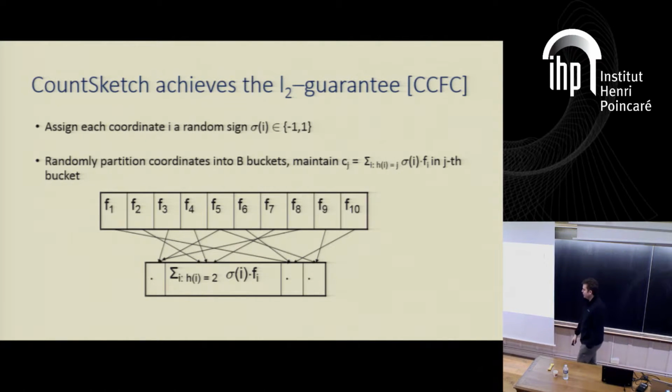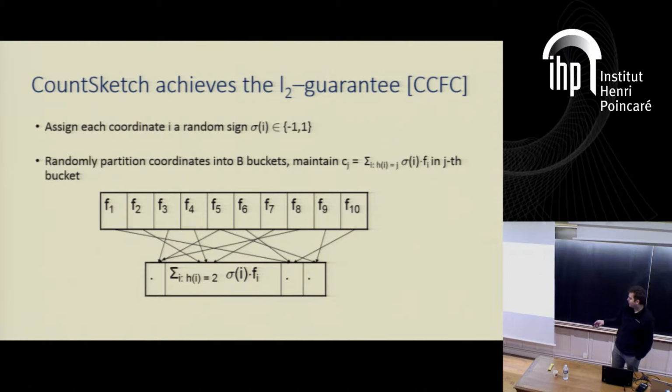Pictorially, you have this vector of items. These are their frequencies, and they hash to buckets. For instance, the second item hashes to the second bucket, and in there I'm maintaining this signed sum.